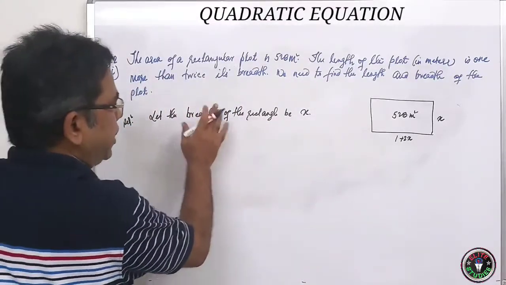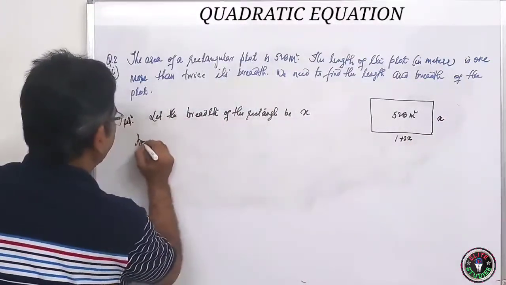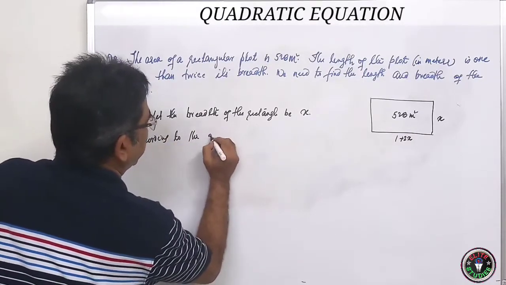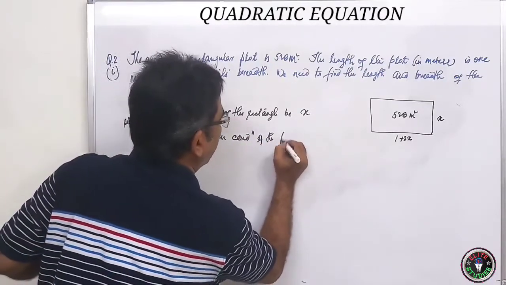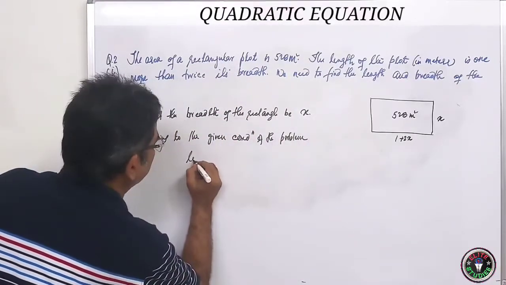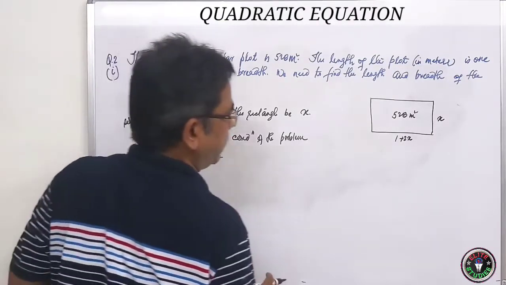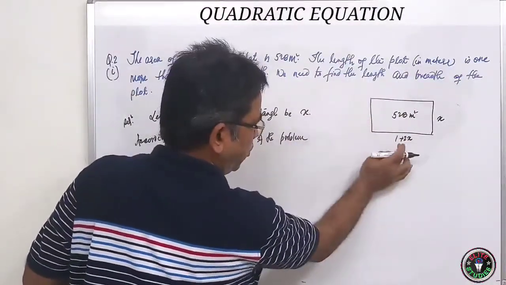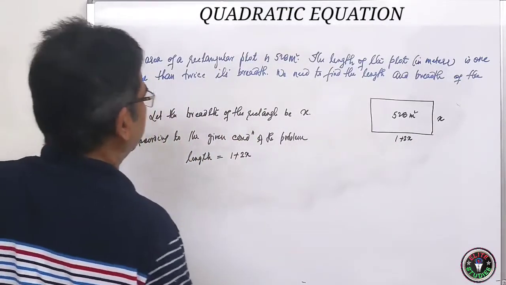Once you have represented the breadth of the rectangle as x, according to the given condition of the problem, length is equal to, breadth is x, length is equal to, what you will get? Length is this one, we have already found this out, so it will be 1 plus 2x.